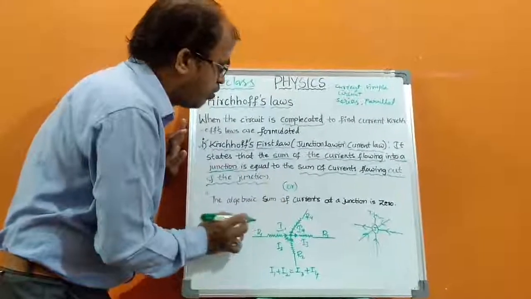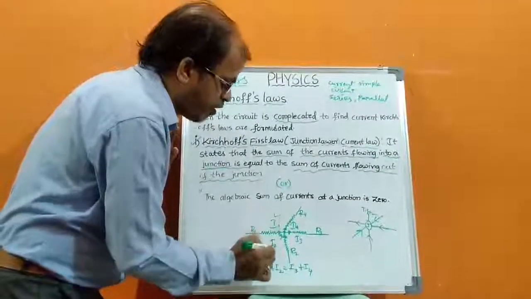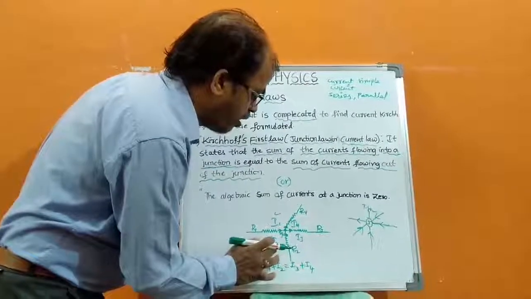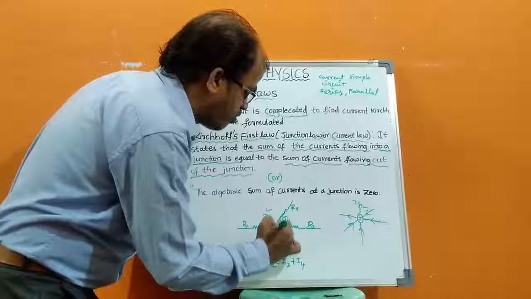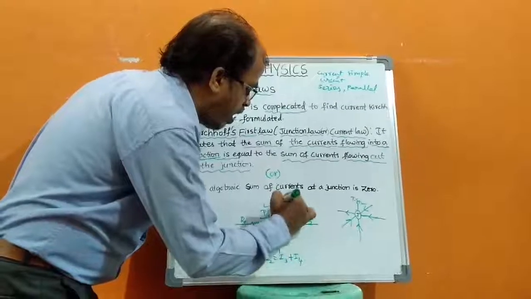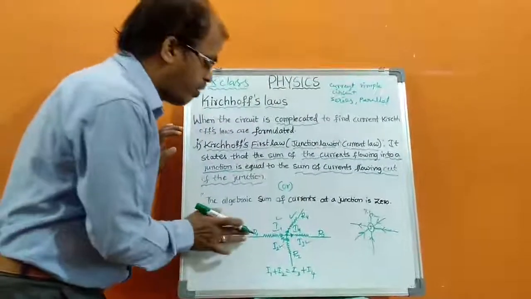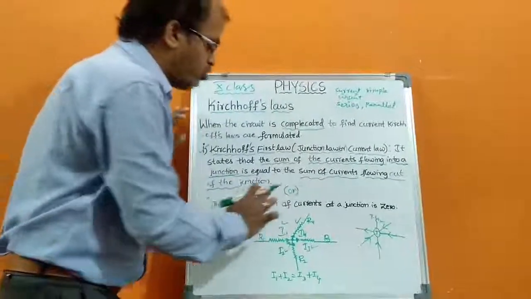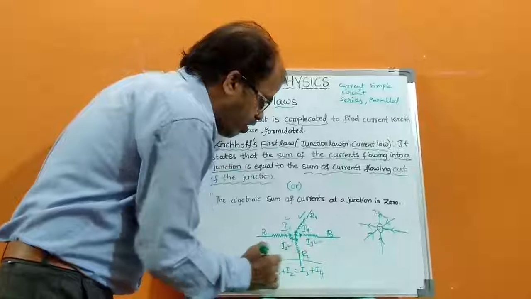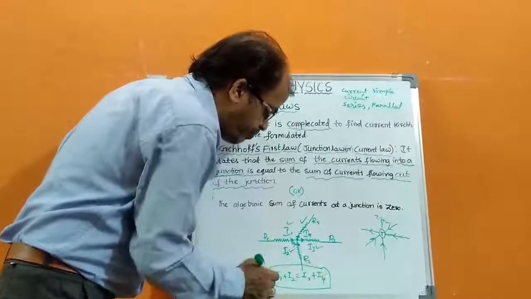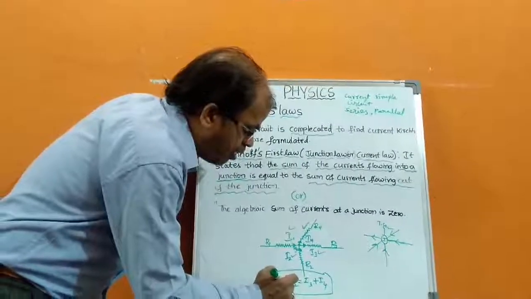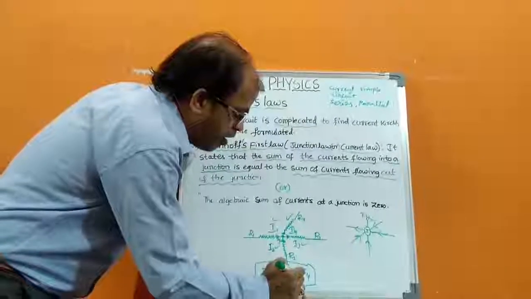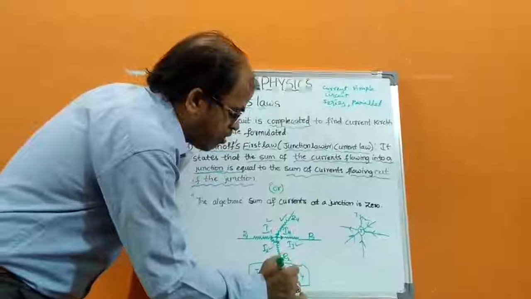Here, into the junction are the currents I1 and I2, and leaving the junction are I3 and I4. These are into the junction, these are out of the junction. So they should be equal. The sum of I1 and I2, into the junction, equals the sum of I3 and I4, out of the junction.